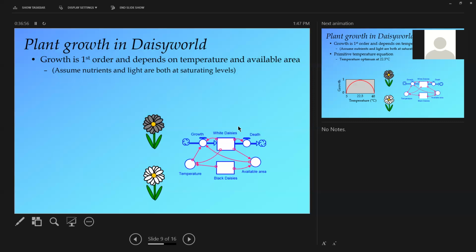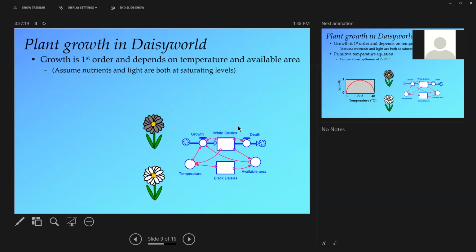And the temperature is controlled by the amount of white daisies and the amount of black daisies. The more white daisies there are, the cooler the temperature; the more black daisies, the hotter the temperature. And there's a total area occupied by daisies, which is what this variable is.